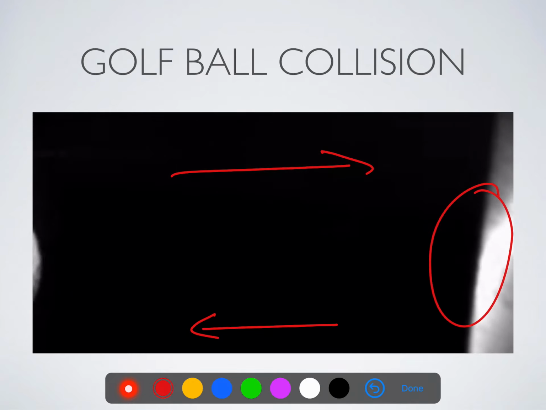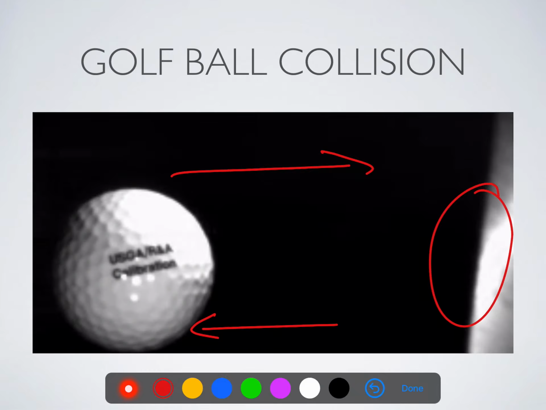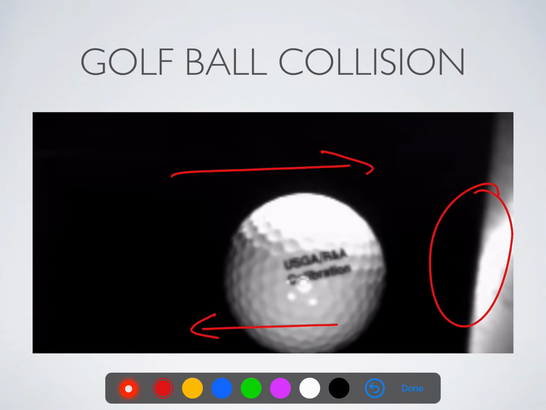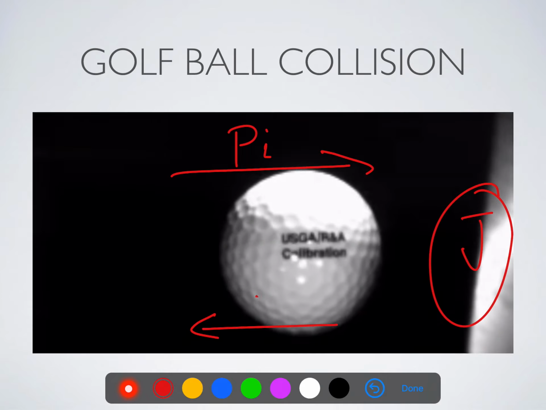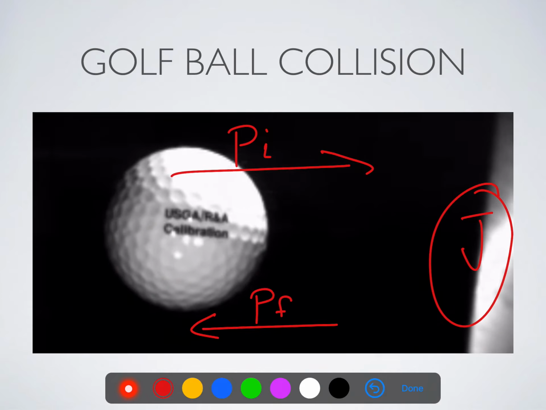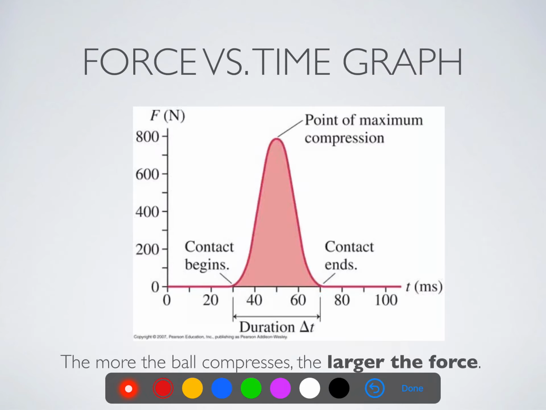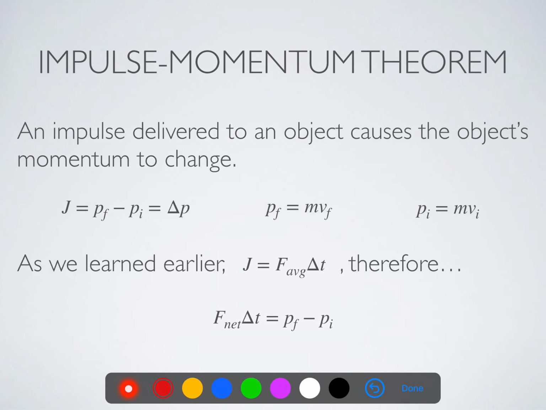Think of impulse like we did with, or I guess we haven't talked about work yet, so I can't use that example. But here is my impulse J. Here is my initial momentum. Here is my final momentum. So that impulse causes that change there. So that's what we come up with right here. J is equal to the change in momentum, where P final is equal to mass times V final, and P initial is equal to mass times V initial.